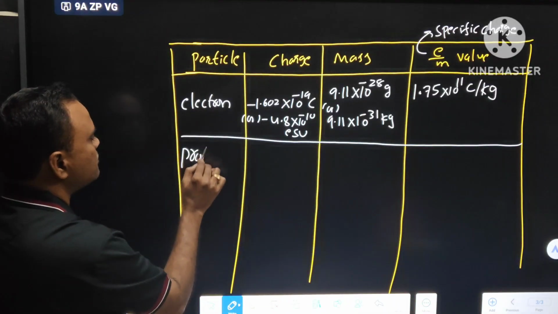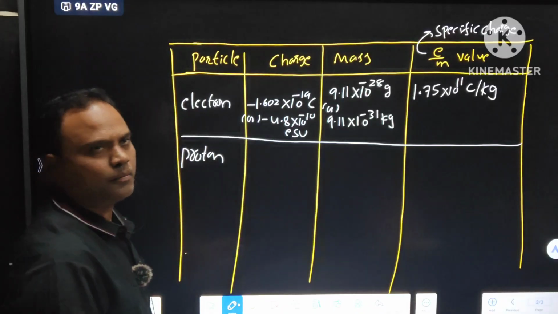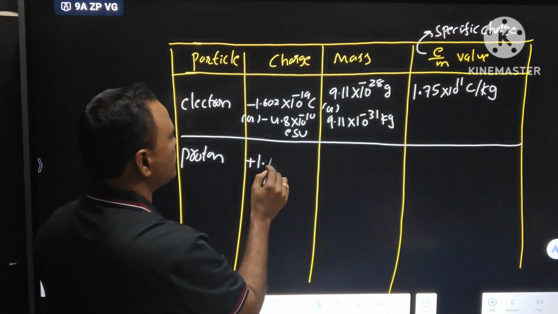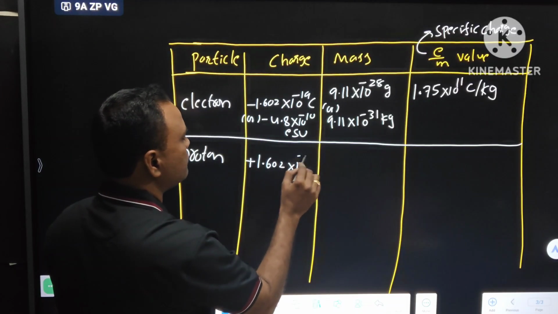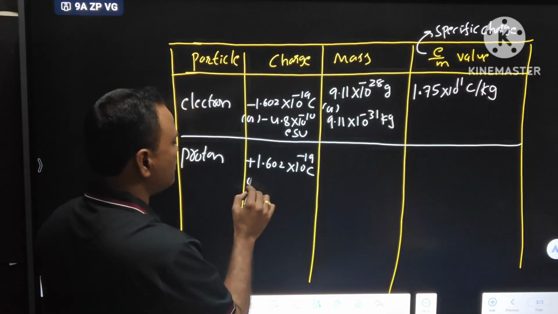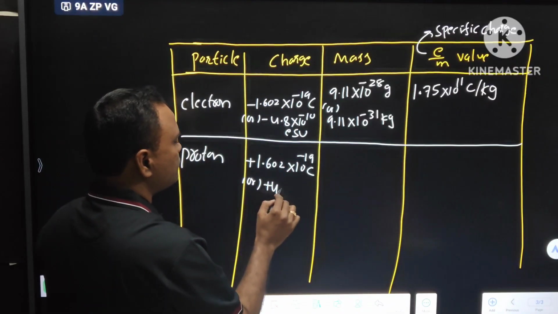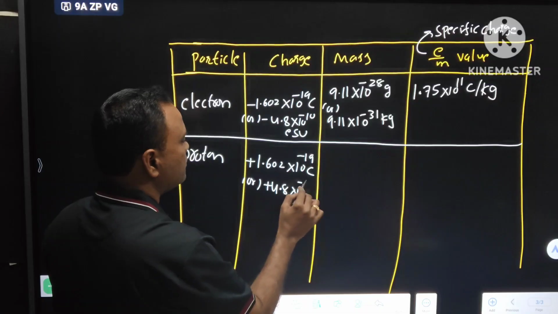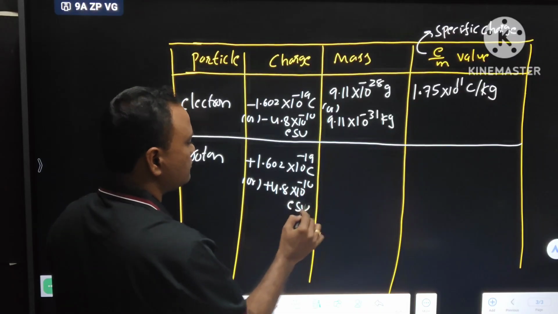Similarly, proton. The electron charge is minus, so for the proton it is plus 1.602 into 10 to the power of minus 19 coulombs, or plus 4.8 into 10 to the power of minus 10 ESU.